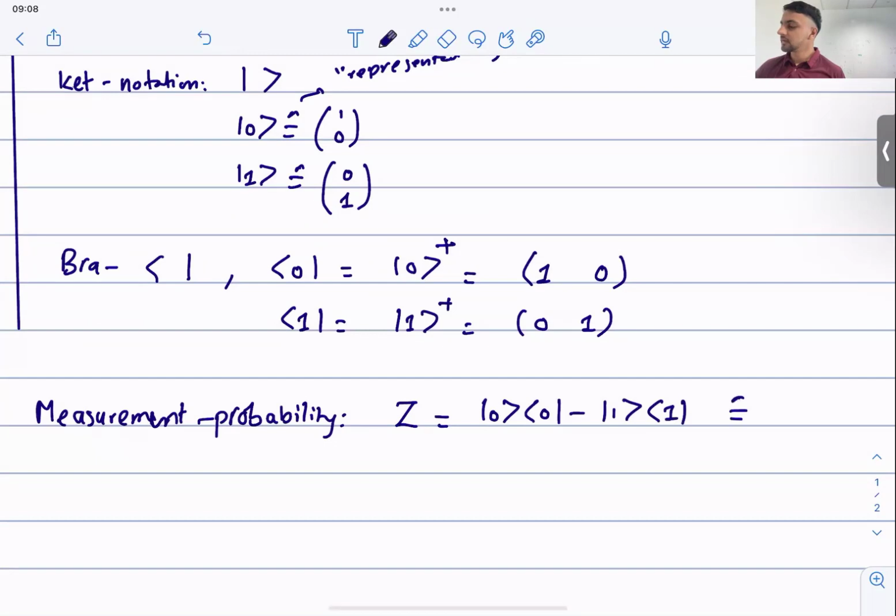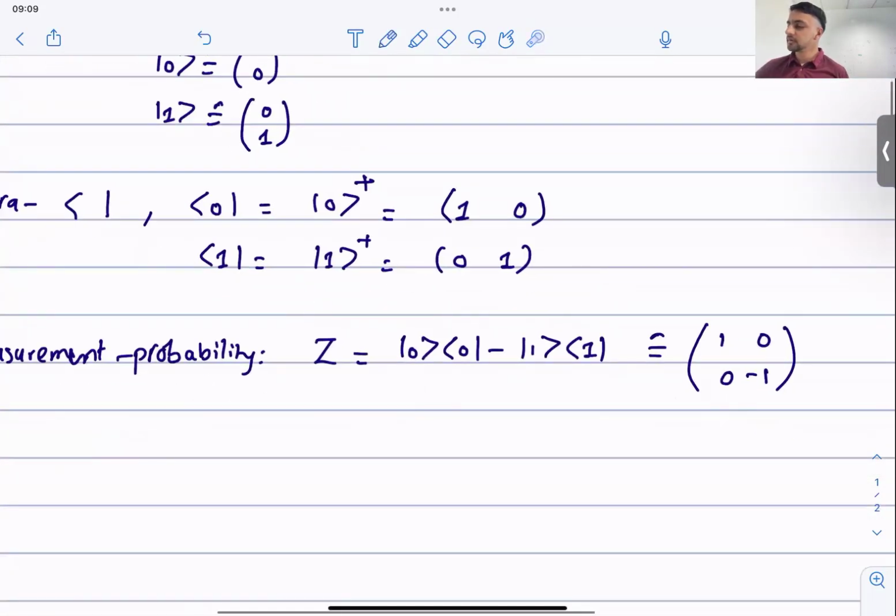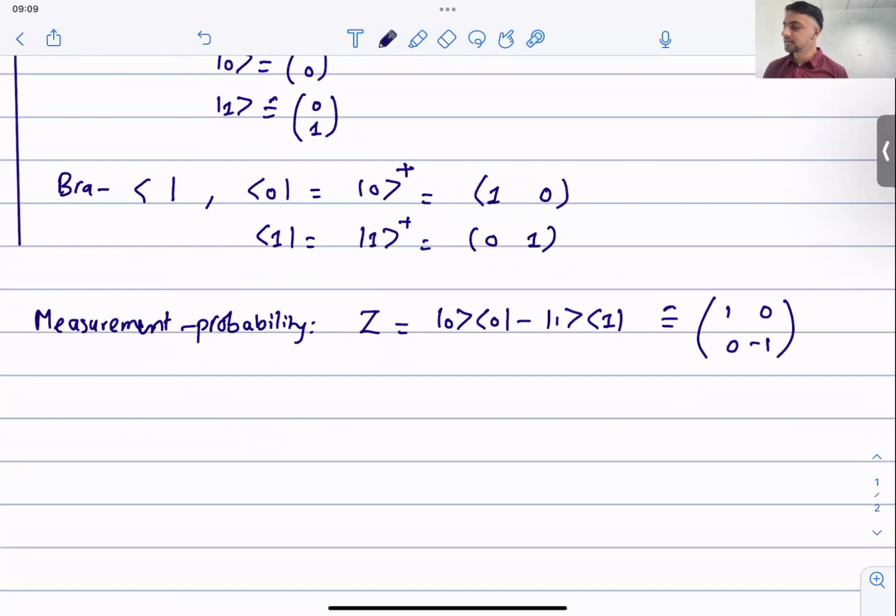Note that the matrix form of this is just [[1, 0], [0, -1]]. You can simply read off the eigenvalues as 1 and -1. This is also known as the phase flip operator because it takes the state 0 and outputs 0, but it takes 1 and outputs -1.